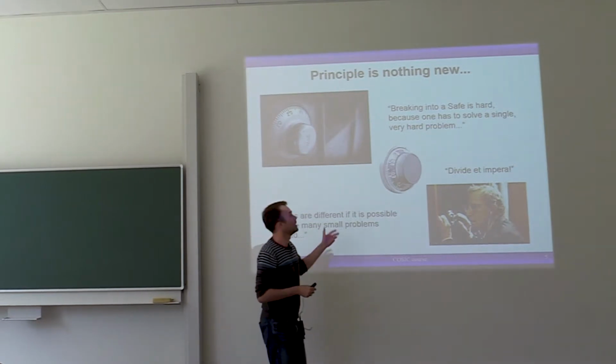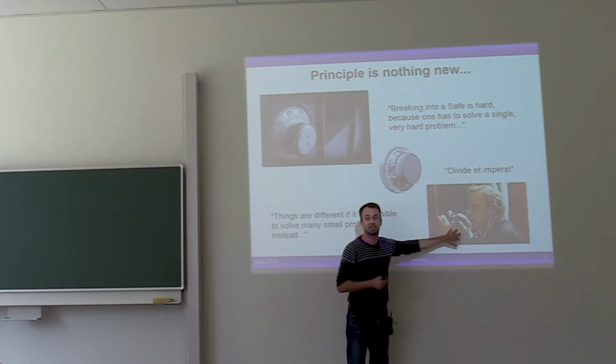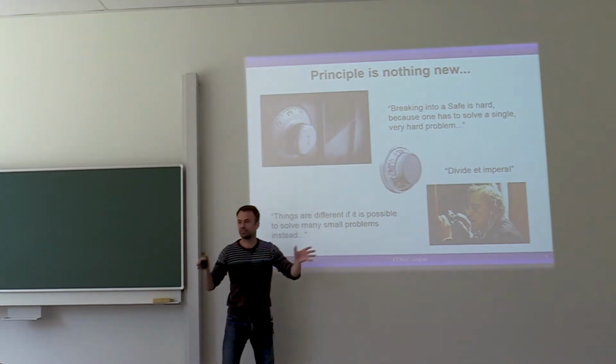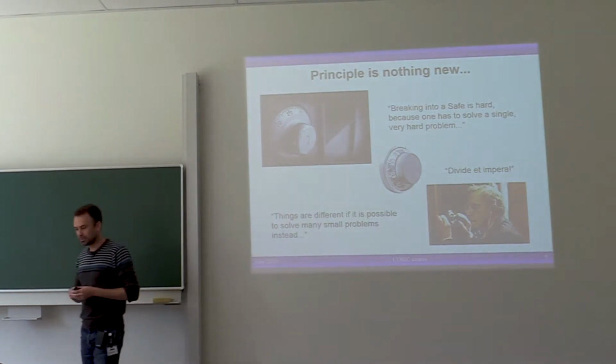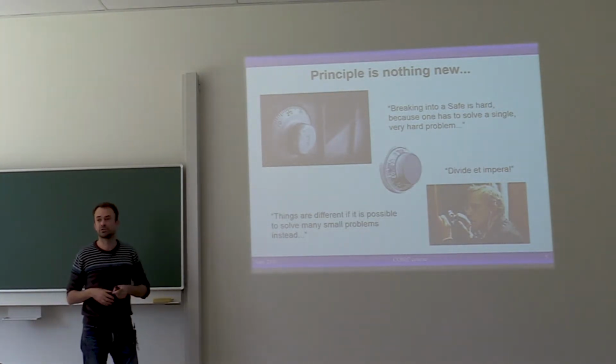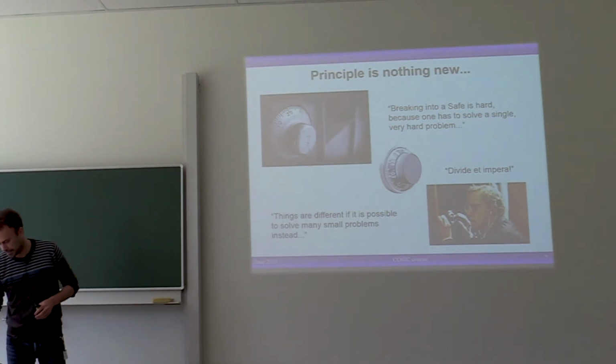So here you have to guess 10 numbers correctly at once, and here you have to guess 10 times one number. At least for the computer scientists, divide and conquer is a very well-known concept. Whenever we can break the problem into small pieces, it becomes easy to solve, and that's basically what we do with many side channel attacks.